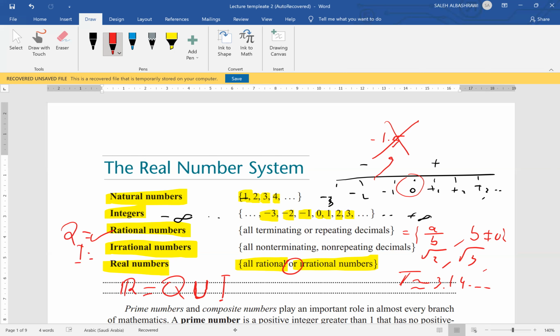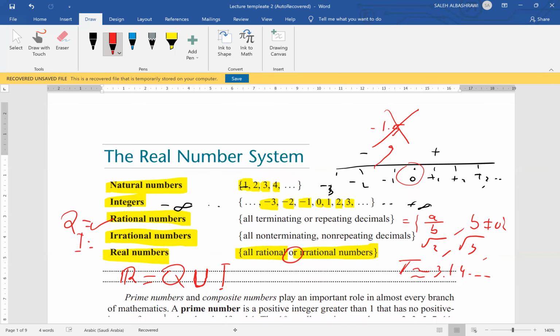So the real numbers are the rationals or irrationals.